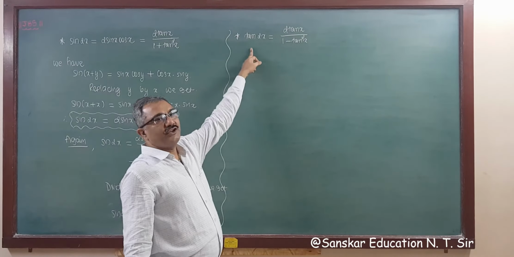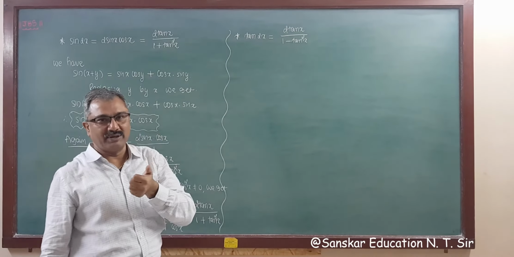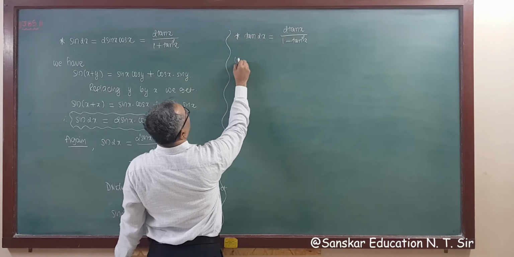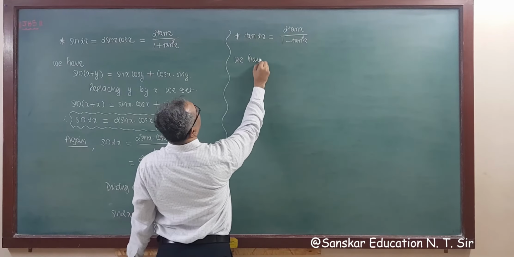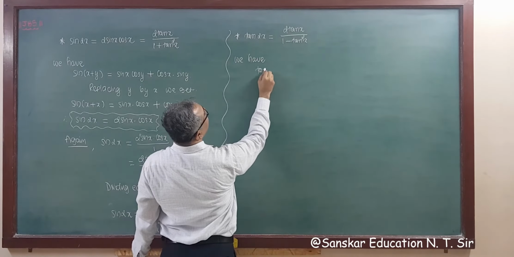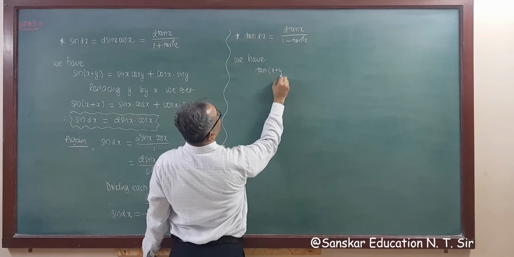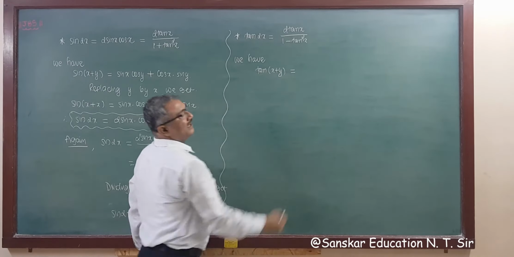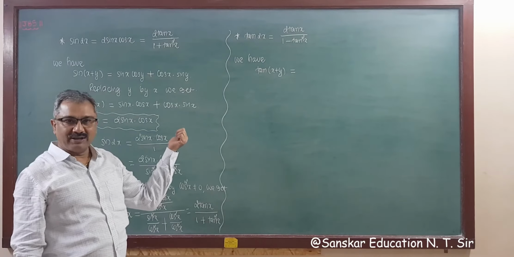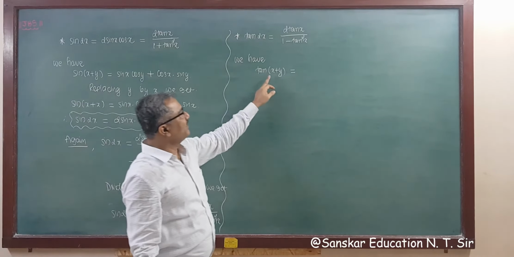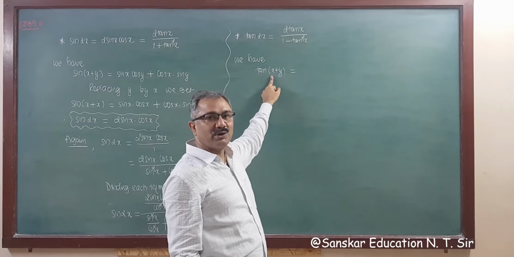Now tan 2x. You have one formula. For tan we have the formula tan(x plus y). So tan(x plus y) is a very well-known formula for you now, because you use this formula to solve questions.